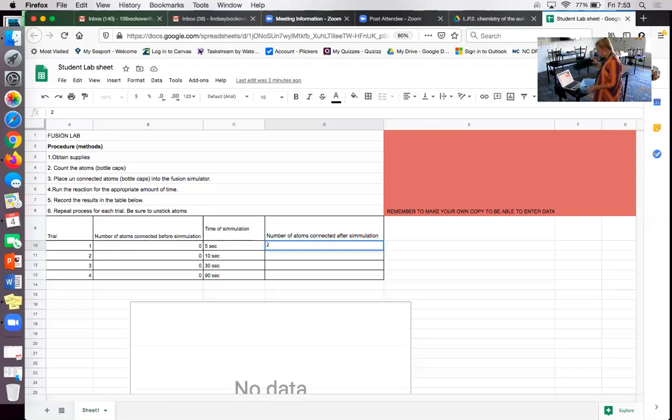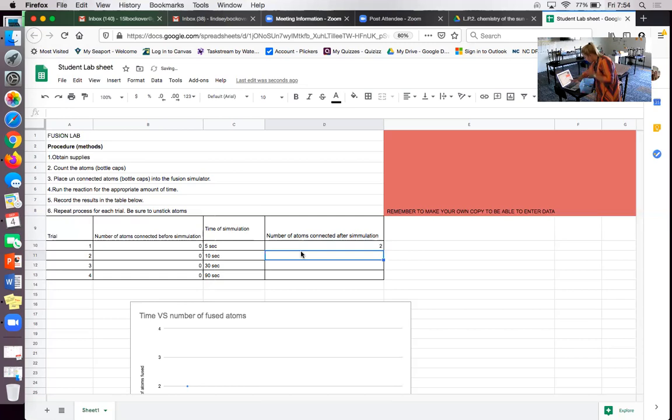And we see how many molecules are joined this time. 1, 2, 3, 4, 5, 6, 7. 7 molecules form this time. Remember, when they are bound together, they are helium. When they are singular molecules, they are hydrogen.